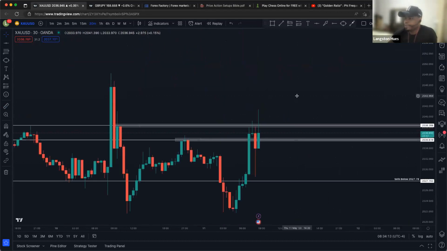For gold, I need a closure above this range. These guys couldn't close above. These guys couldn't close above. Rejection here, rejected here, rejected here, current candle rejecting. So you have to get a closure above.